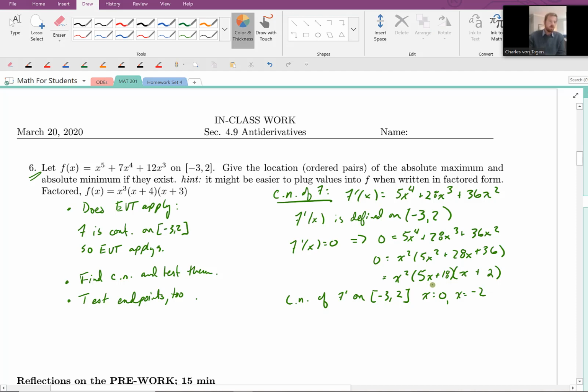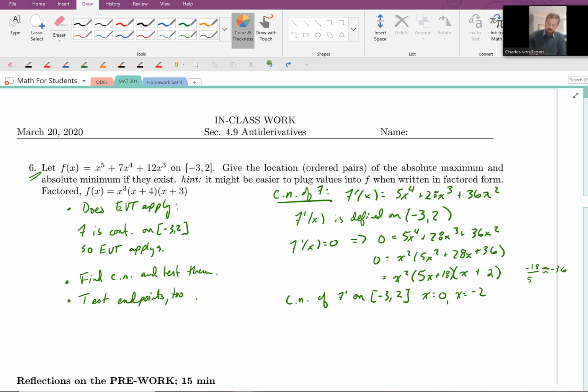But why am I not concerned about that? Because -18/5 is -3.6, and -3.6 lies outside of our interval that we're currently considering. Okay. So those are the two critical numbers.